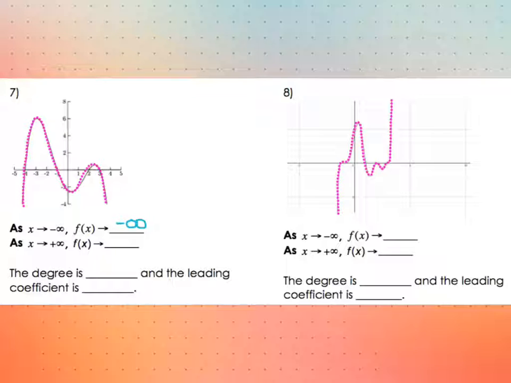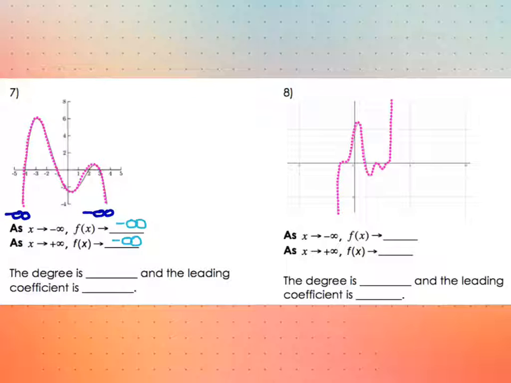So as we're looking, as x goes to negative infinity, in other words, as it goes this way, the graph is going down. And as x goes to positive infinity, the graph is going down. Okay?